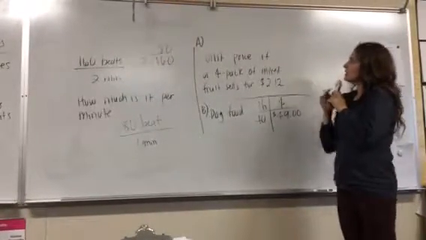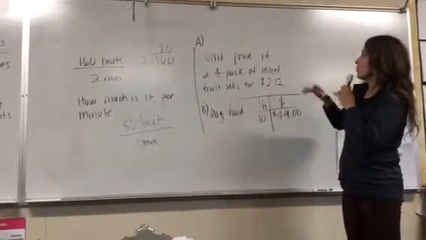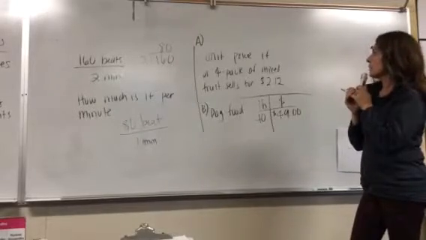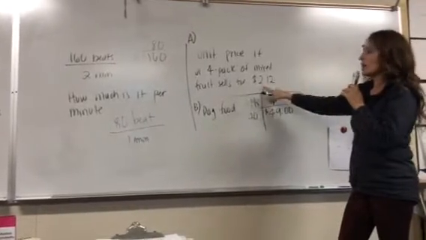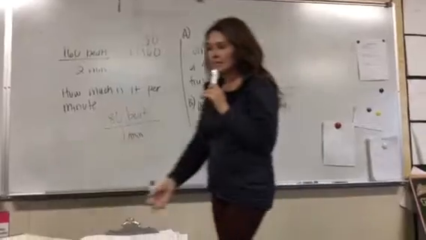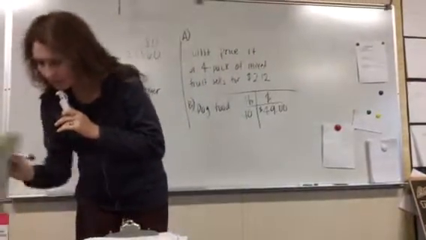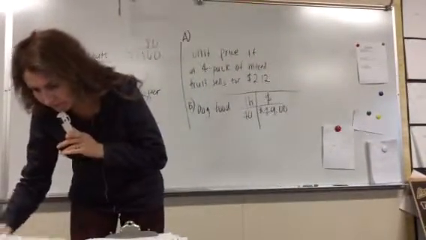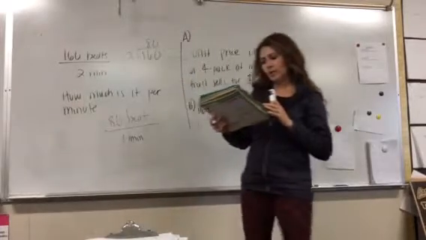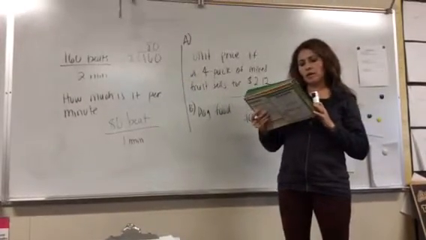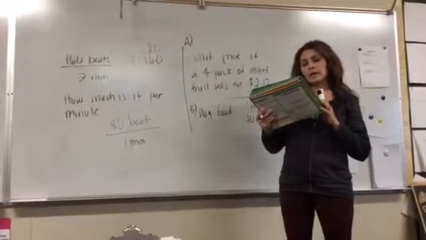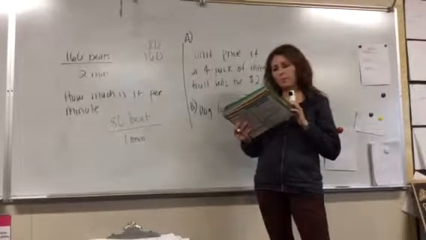It says, what's the unit price if a 4-pack of mixed fruit sells for $2.12? So what are we asking here? We want the unit price for 4 packs, but what would be 1 pack?